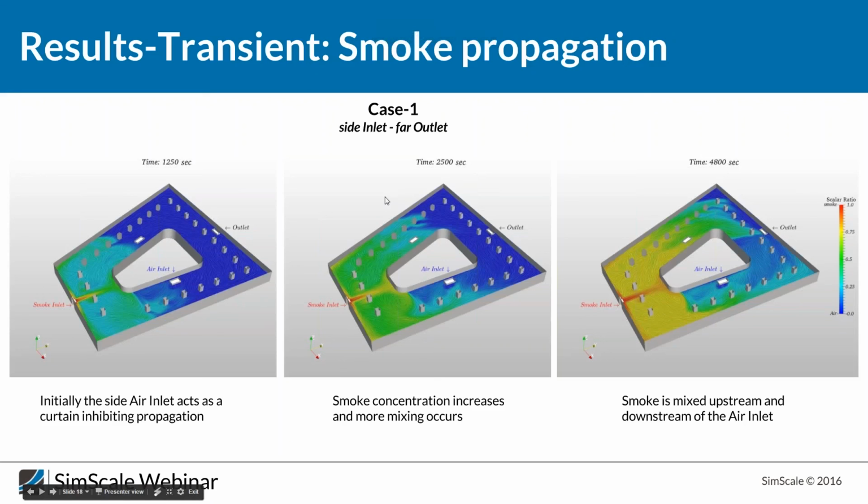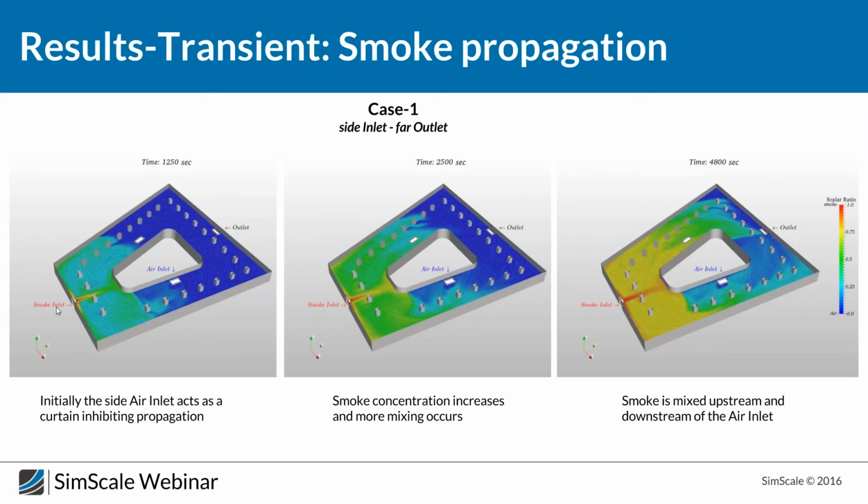So first, let's start with scenario 1, smoke propagation, and with case 1. Just to refresh your mind, in case 1 we have a source that generated smoke and injected it inside our domain. This is the one that you can see here with smoke inlet on the left.